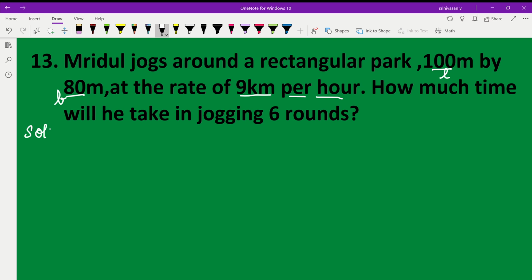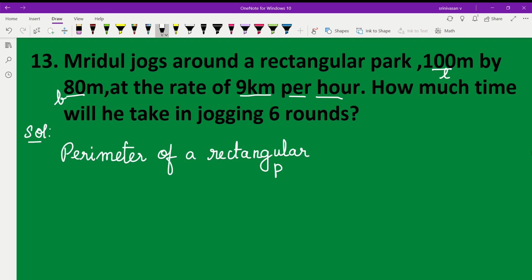Solution. First we should find out the perimeter of a rectangular park. Or you can write simply as perimeter of a rectangle. Formula is 2 into L plus B units.